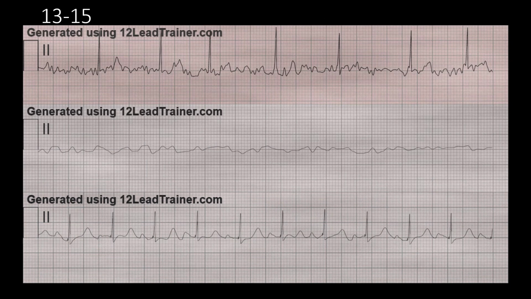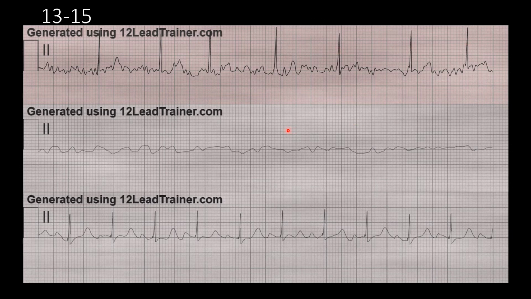Alright, so now for this one, it is irregular because if you look here to here and then at like this one or this one, it's quite a bit different in length or in space between them, so that's irregular. So we can't use the dark line method, so we count the QRS complexes or R waves. 1, 2, 3, 4, 5, 6, 7.